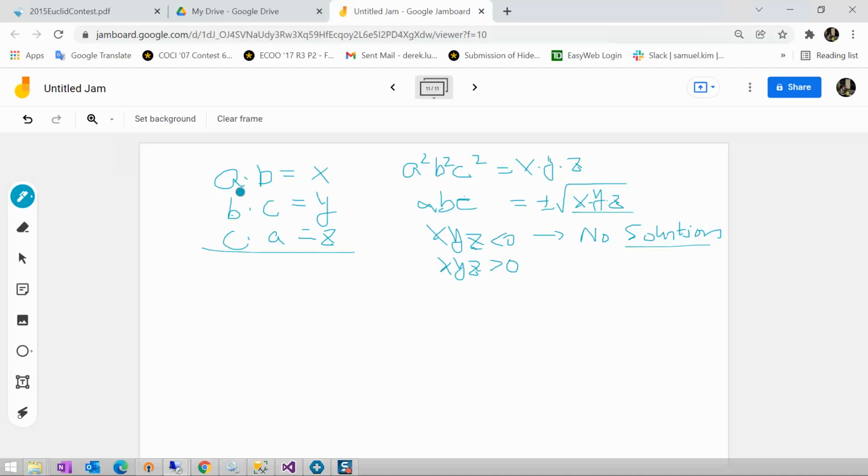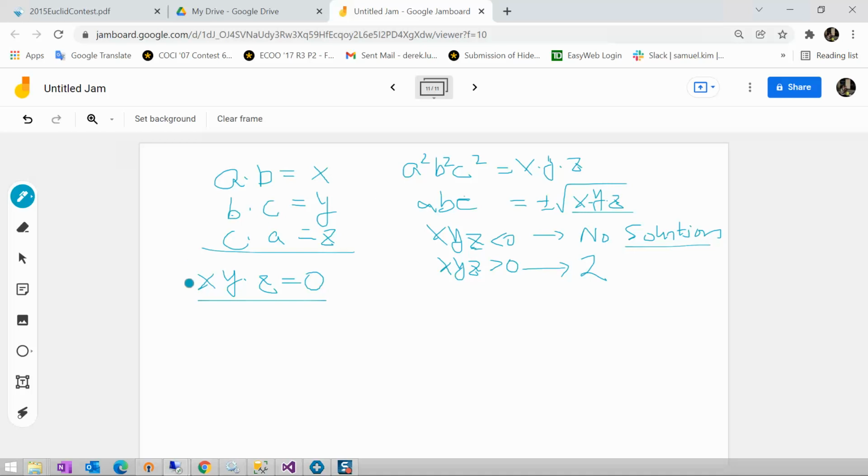Then divide by each one, like the A, what we did here. This has 2 solutions, right? Now the only chance left for us is XYZ equal to 0. Let's see, we have a chance, right?